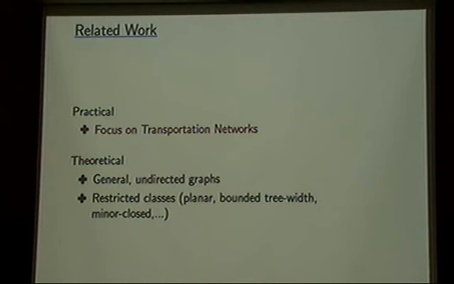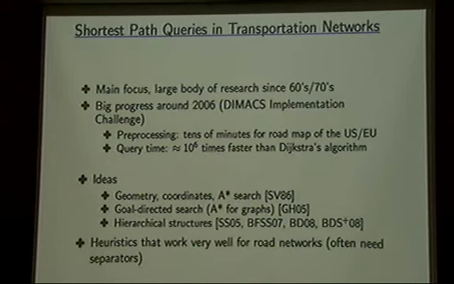Let's start with the transportation networks, with the practical results. Right after these networks were introduced, graph theory was started in the early 60s. They started working on this, and the main focus, as I said, was on transportation networks. And there was big progress recently. In 2006, there was a DIMACS implementation challenge.